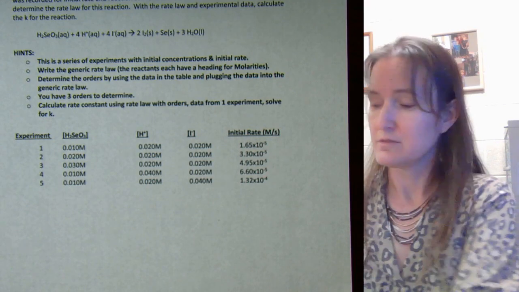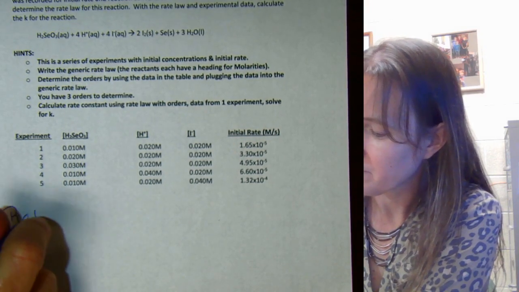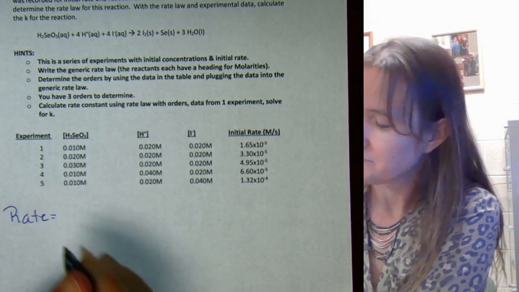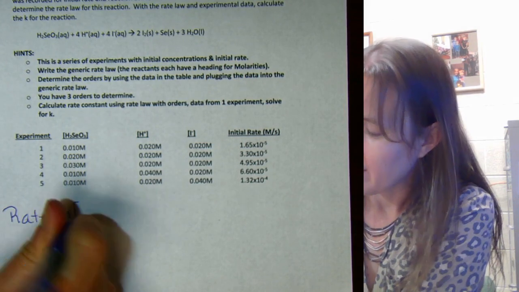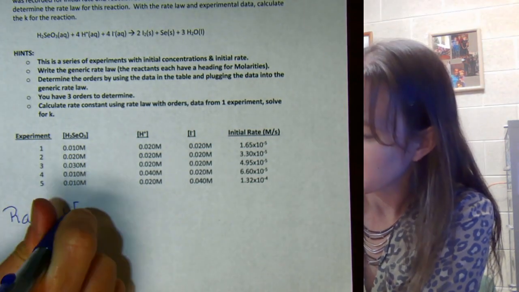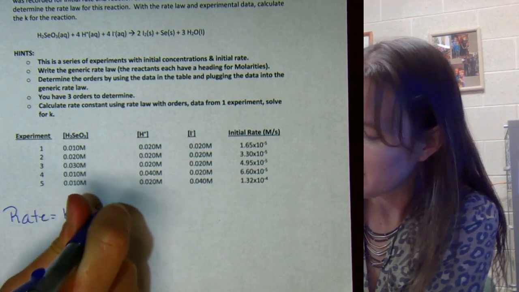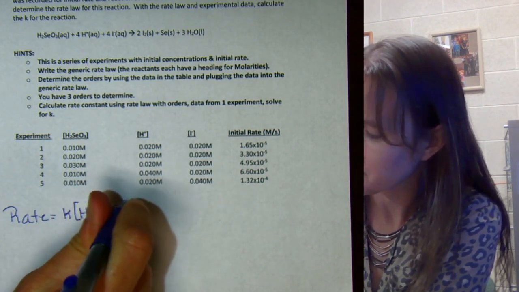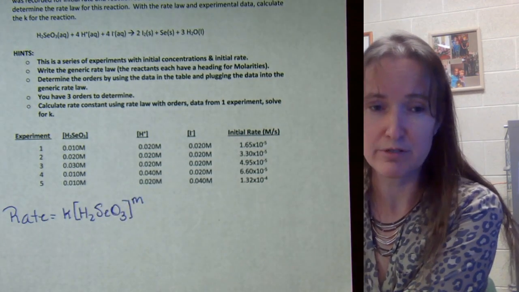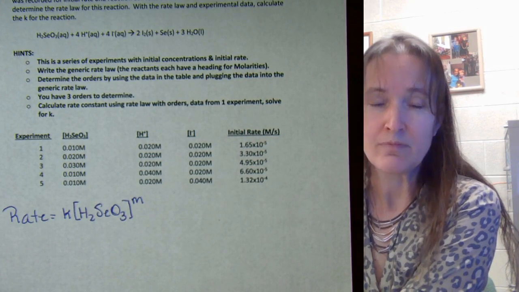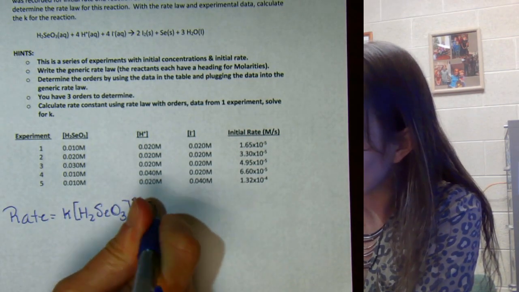A rate law, you always begin with writing rate equals, and then the rate constant, K, and then your first reactant, which is H2SeO3, and then raised to it, whatever order, and you don't know what the order is, so I'm just going to put an M. And then the next chemical is the acidic hydrogen ion, so that's H+.